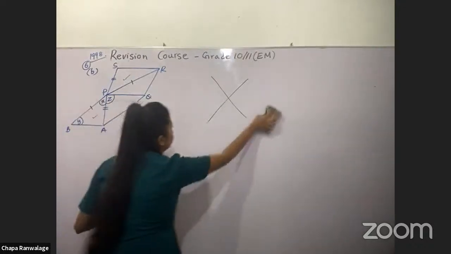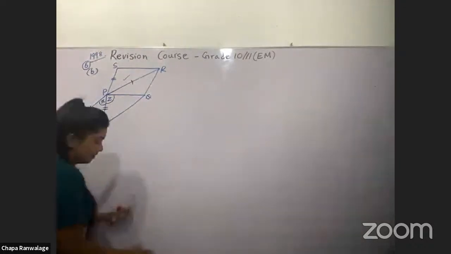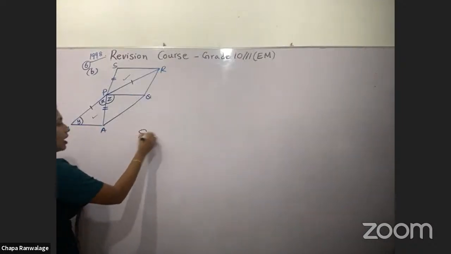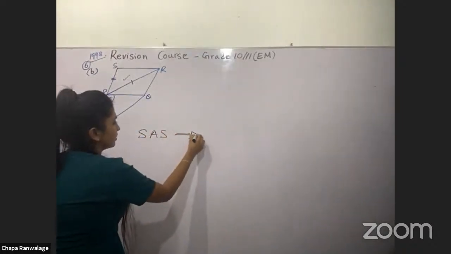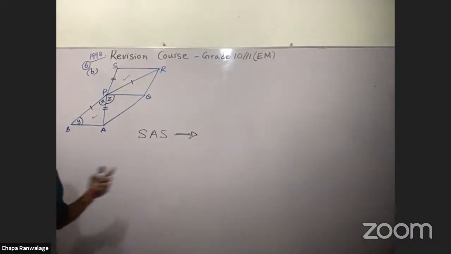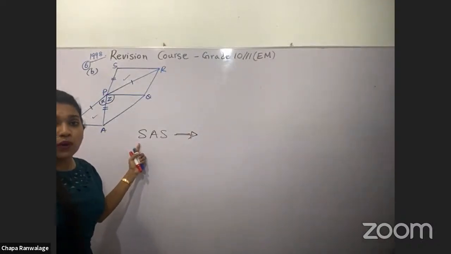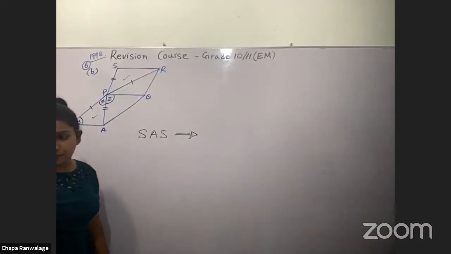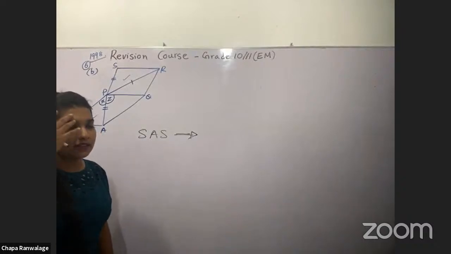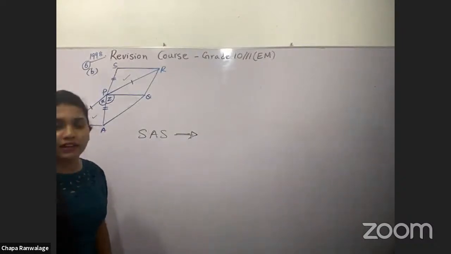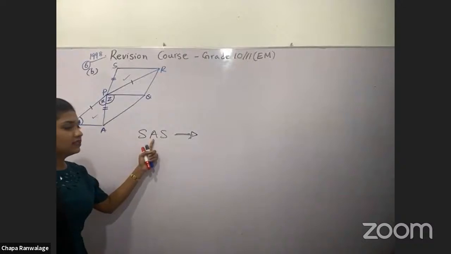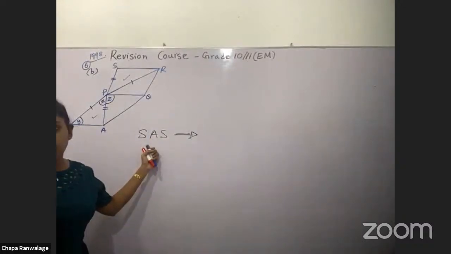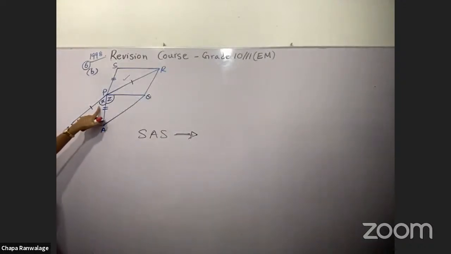So then, those who said SAS will get it wrong. SAS: what is the included angle? Think about where the angle is. Where is this angle? X, this one.